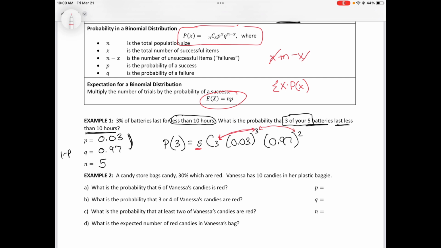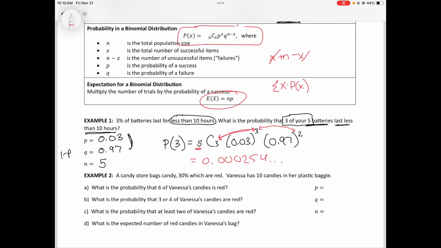If we actually calculate this, we put 5 choose 3 times 0.03 to the exponent 3 times 0.97 to the exponent 2, and we get 0.000254 and so on.